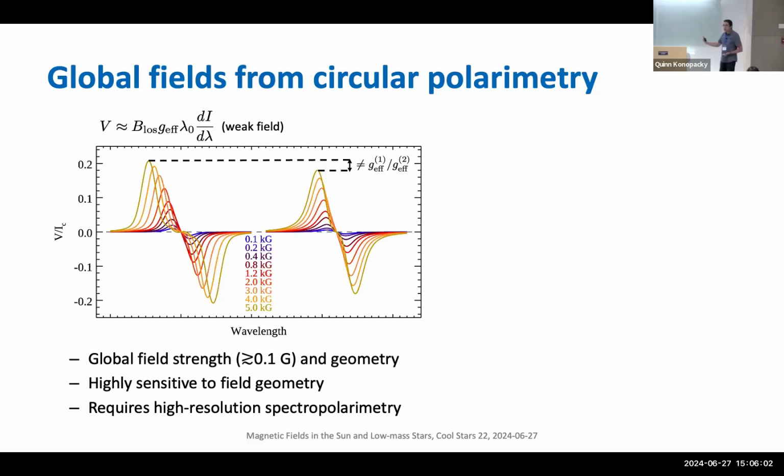It is much more similar between different lines, and therefore in typical ZDI works, people successfully apply simplified line formation techniques, not doing full radiative transfer, but applying analytical formulas, or even taking a Gaussian as local profile and the derivative of a Gaussian as the local Stokes V profile, and that gives pretty robust results for many stars, especially in weak fields. This methodology is sensitive to field geometry. It does require, however, specialized equipment that is not available universally at high resolution spectrographs. We need to do high resolution spectropolarimetry.